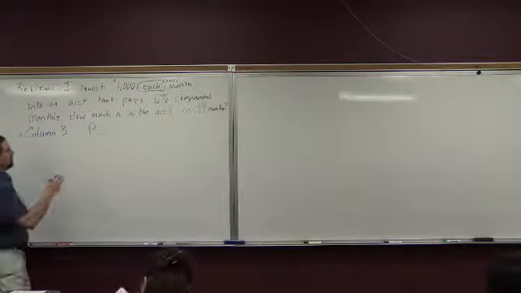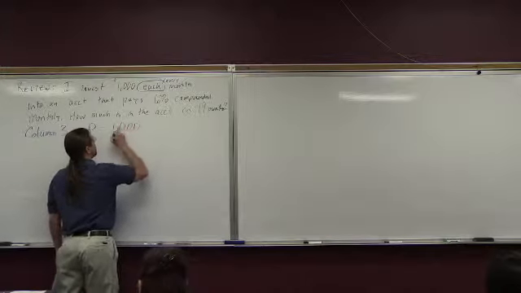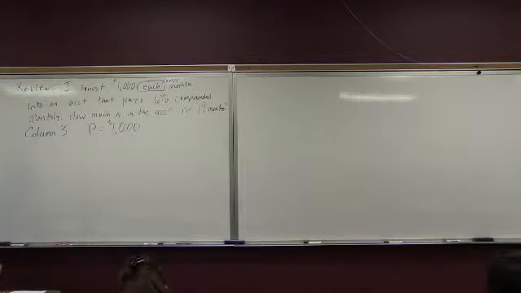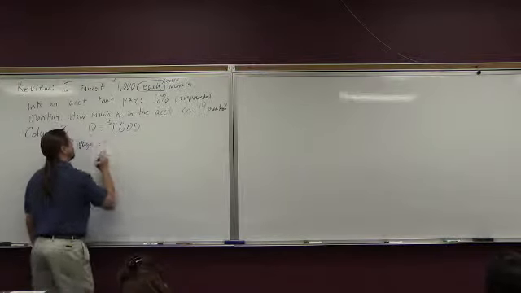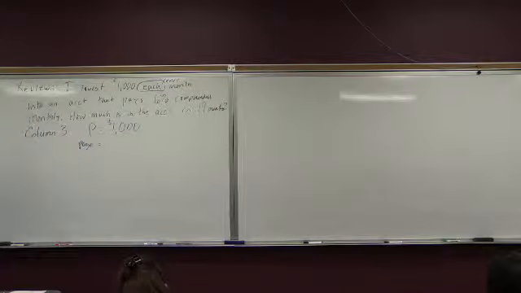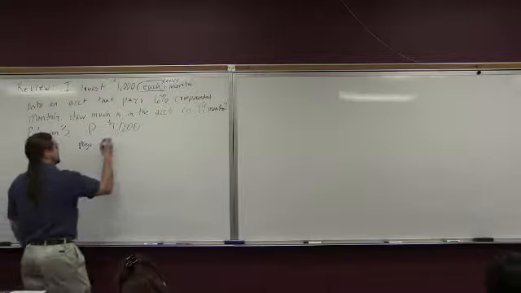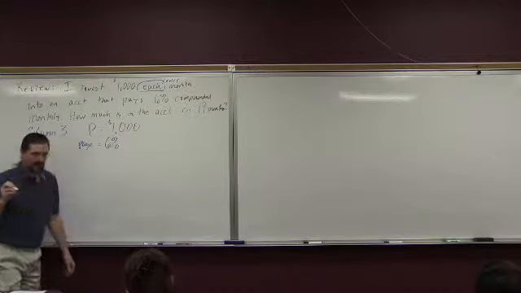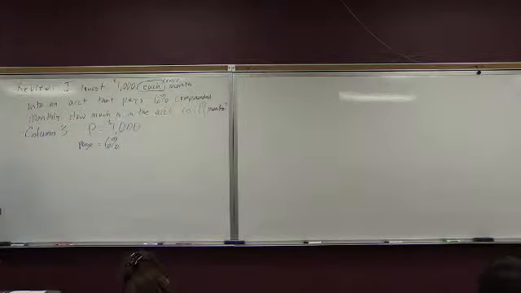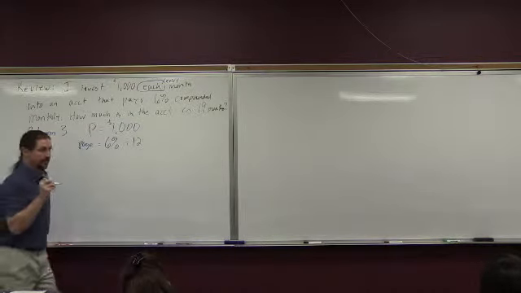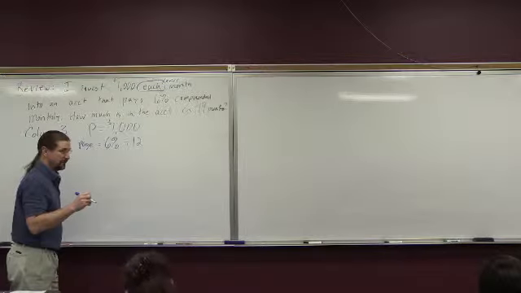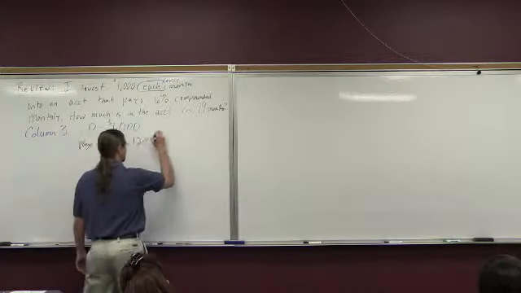How much you invest. So it's $1,000. And then what page and row am I going to go to? What am I going to do with that 6%? Divide by 12. So what page am I going to go to? 0.5%. Good.